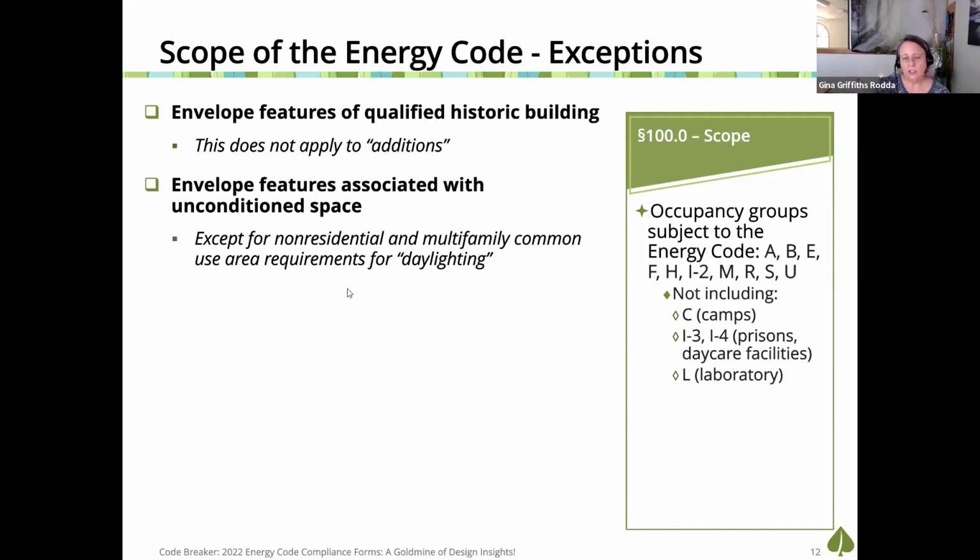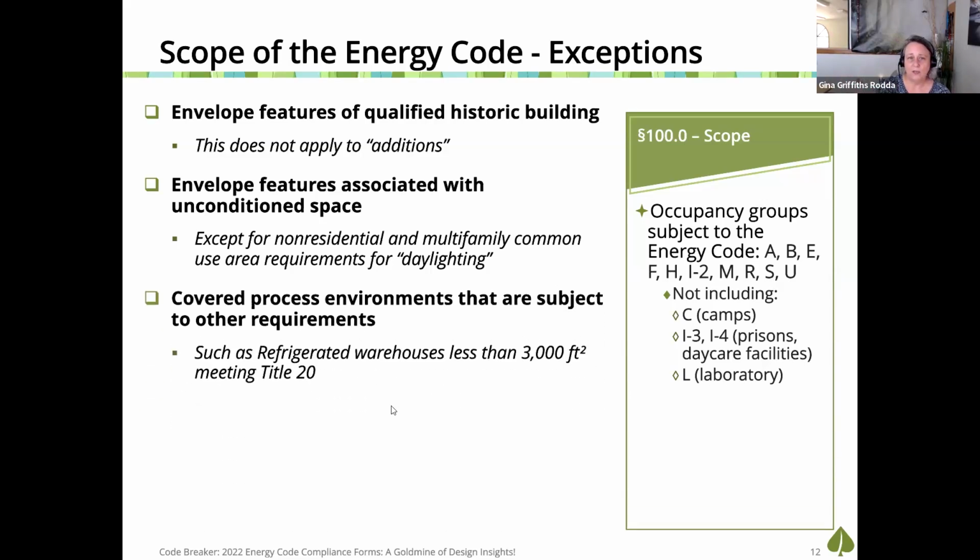Otherwise, unconditioned envelope features have no requirements of the energy code. They don't have to meet the rated roof requirements, the insulation requirements, the window requirements. Anything in that unconditioned space is not subject to the energy code unless it's that large volume of space in which we'd like to dictate there are skylights and windows and a combination thereof to support those daylighting requirements.